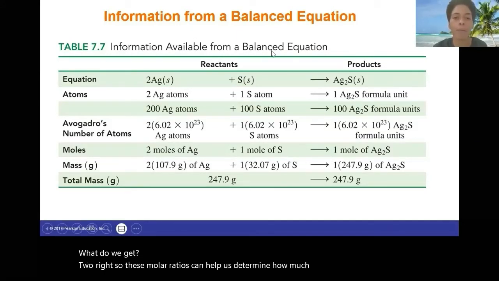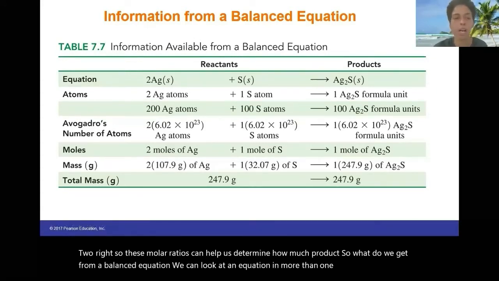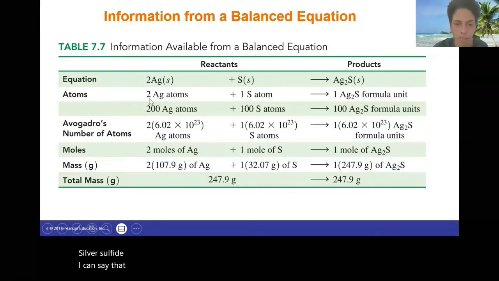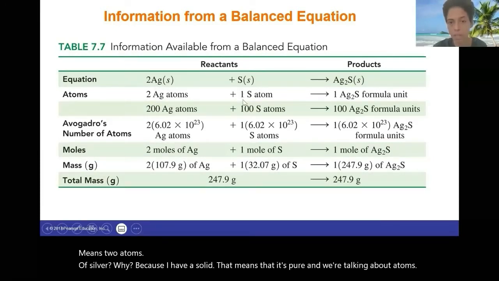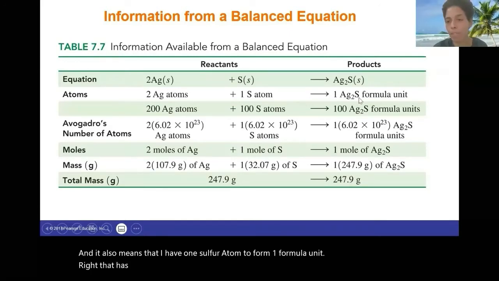So what do we get from a balanced equation? We can look at an equation in more than one way, right? Starting with 2 silver plus 1 sulfur gives us 1 silver sulfide. I can say that that 2 coefficient means 2 atoms of silver. Why? Because I have a solid, that means that it's pure, and we're talking about atoms. And it also means that I have 1 sulfur atom to form 1 formula unit, right? That has 2 silver atoms and 1 sulfur atom.